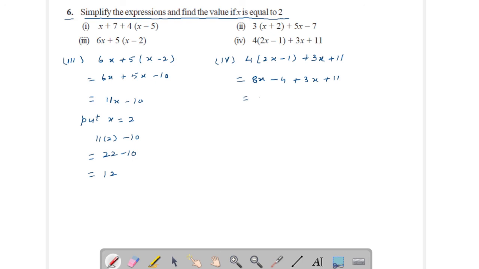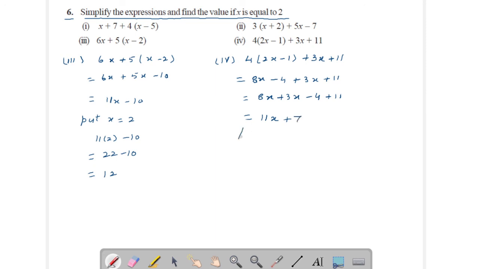Here collect the like terms. 8x plus 3x minus 4 plus 11. Here 8x plus 3x, it is 11x, minus 4 plus 11, it is plus 7.